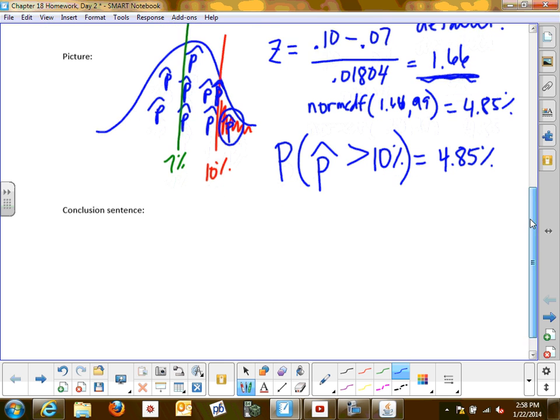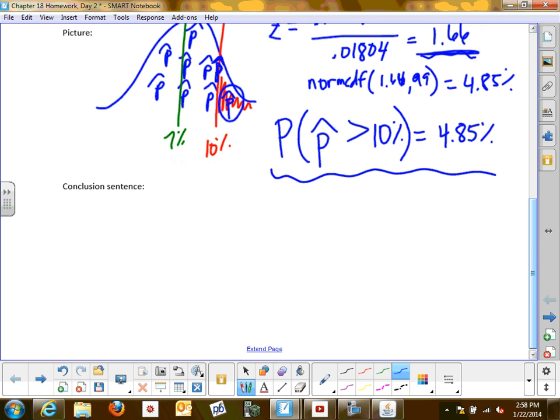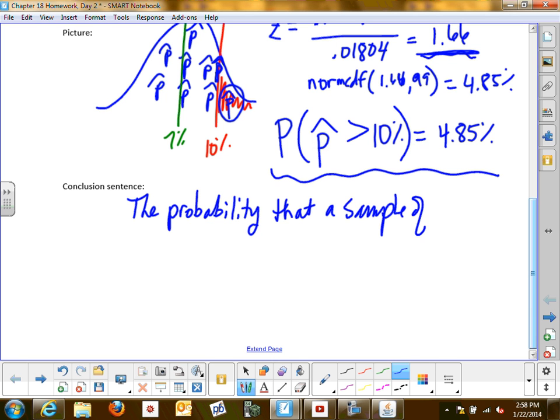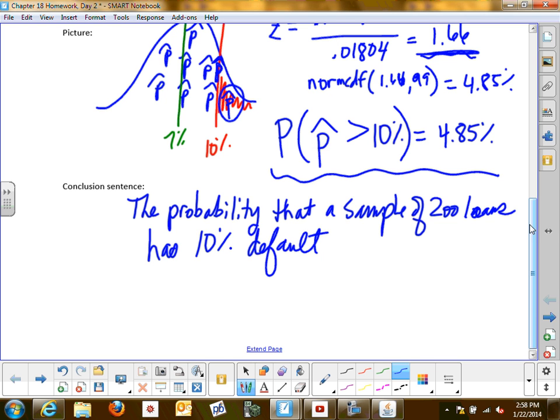Now put this in words, and you say the probability that a sample of 200 loans from this bank has over 10% default, actually I messed up on the equal to there, is 4.85%.